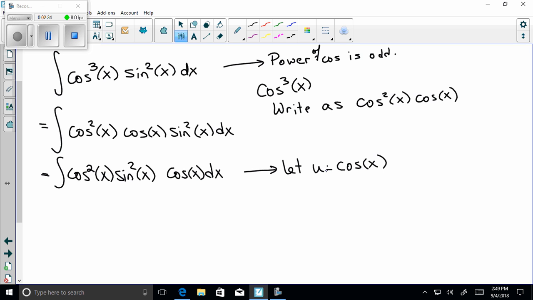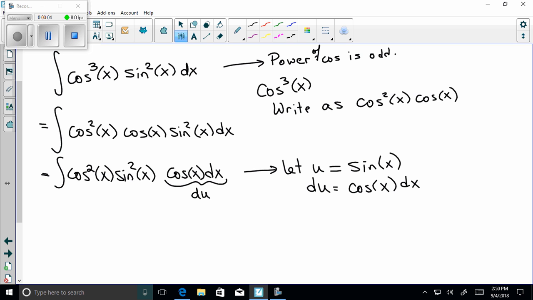I'm doing a u substitution. All right. So u is sine x. So du is cosine x dx. Okay? So this part over here is my du.